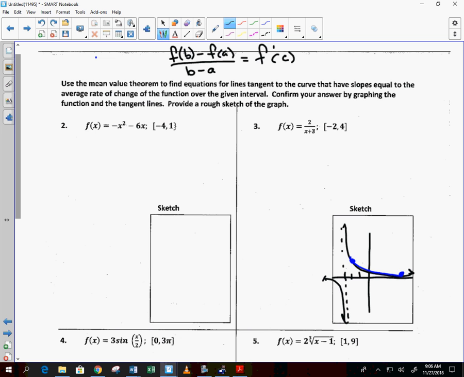So what we will do is determine f of b minus f of a over b minus a. For f of b, I'll plug in 4. And when you plug in 4, what do you get? 2 over 7. F of a: 2 over 1 is going to be 2.